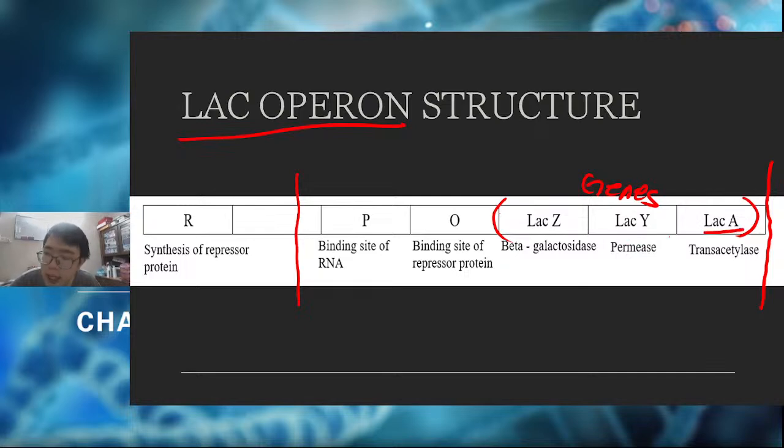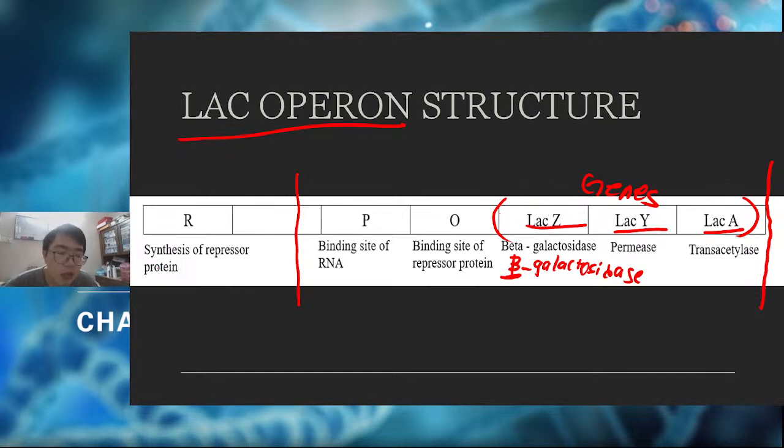The lac operon contains three genes involved in the operon system that will be transcribed to form mRNA: the lacZ gene, the lacY gene, and the lacA gene. These genes encode three types of enzyme called beta-galactosidase, permease, and transacetylase. In the examination, you have to write the beta in the Greek form, like this. You cannot write it in word form. You have to write it in this symbol form.